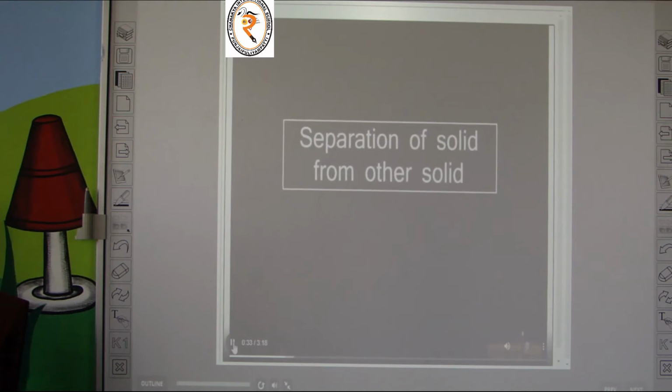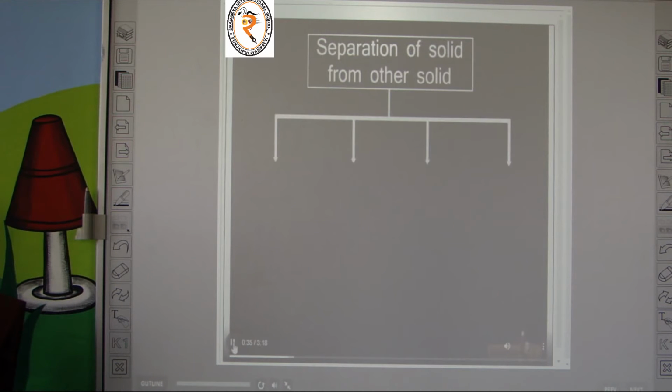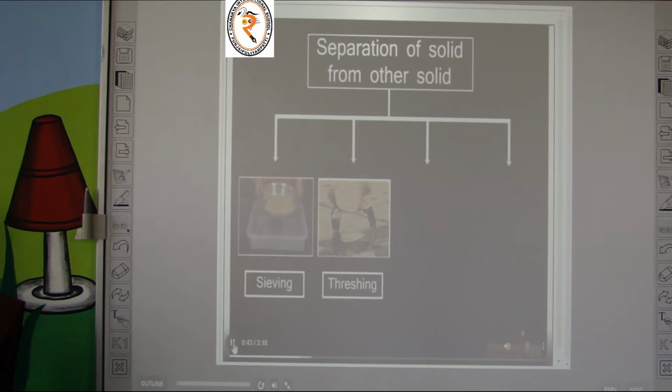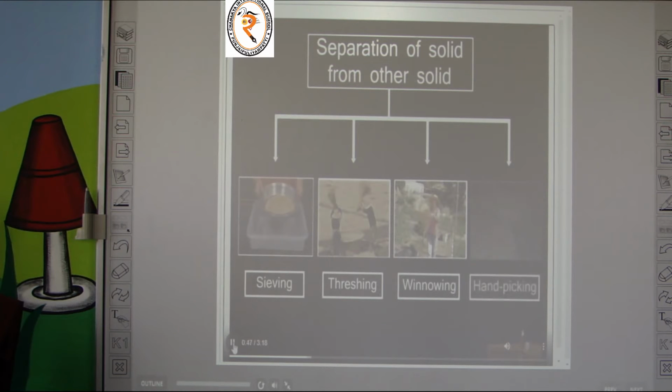In order to separate grains from the chaff, we have to use a different technique. We need to separate the mixture into its constituents in order to remove undesirable substances and obtain useful constituents. Let us discuss the various techniques used to separate mixtures of solids one by one.